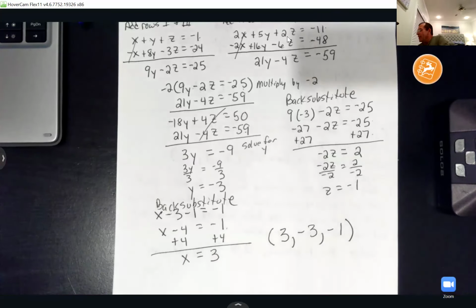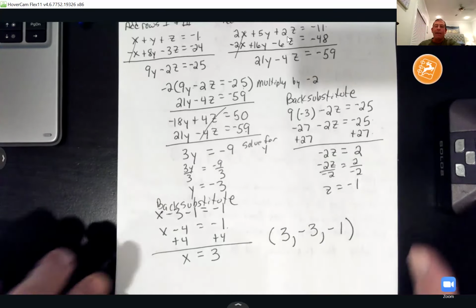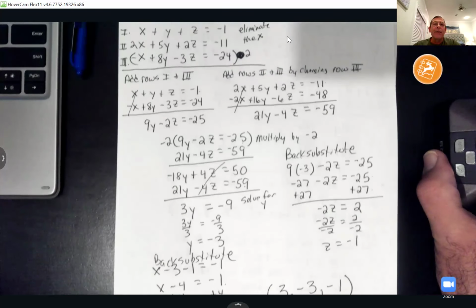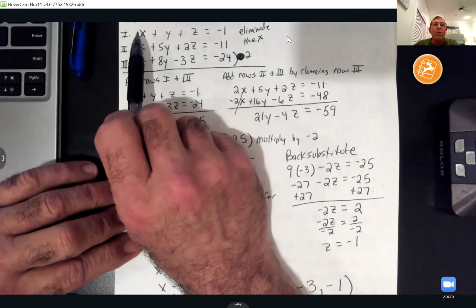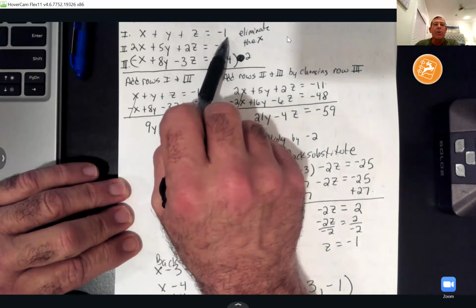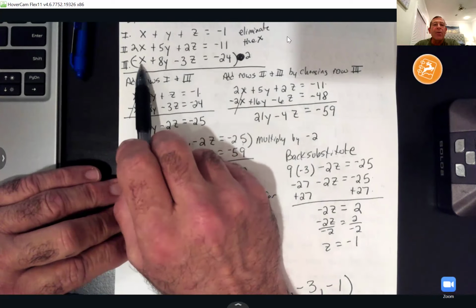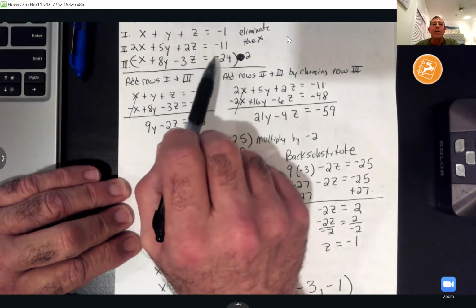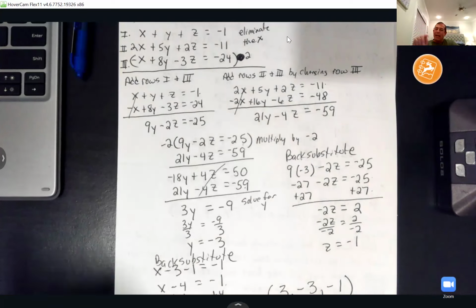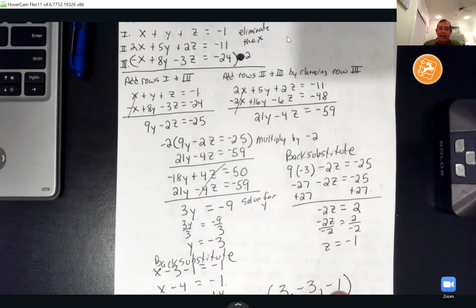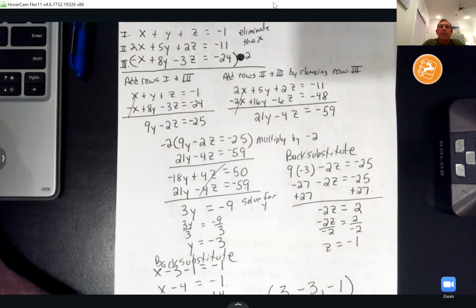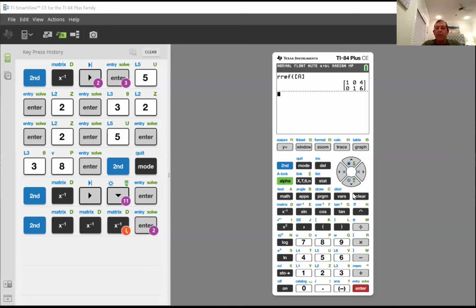All right, y'all. But let me show y'all why y'all love the calculator. So I'm going to go back up here and I'm going to put in a 1, 1, 1, -1, 2, 5, 2, -11, -1, 8, -3, -24 on my calculator and let it give me this answer. So y'all, let's share my calculator. Whoops. All right, so I'm going to clear this off.